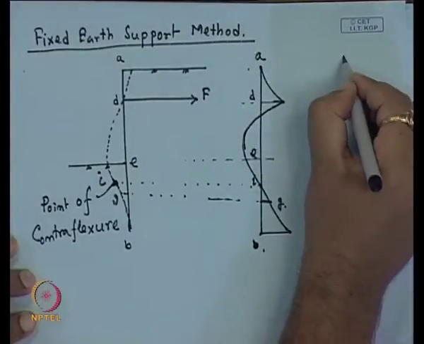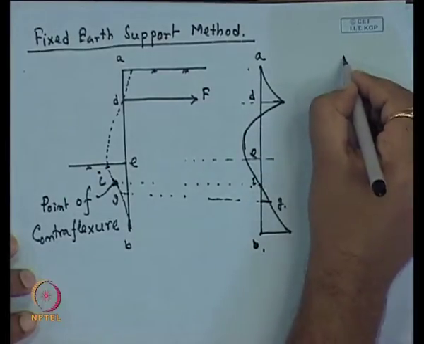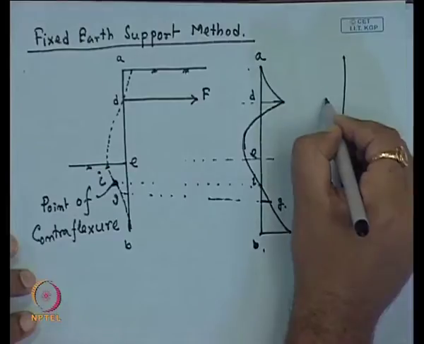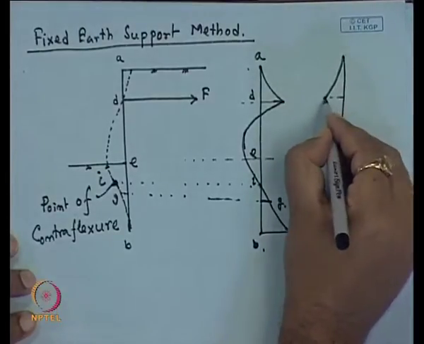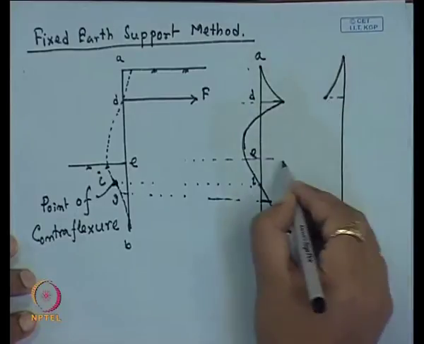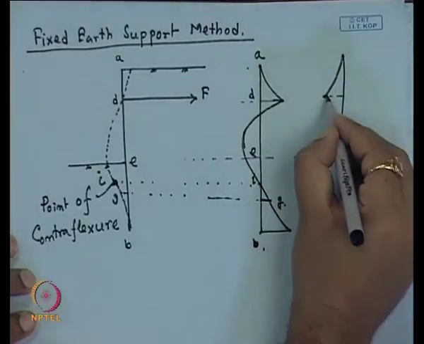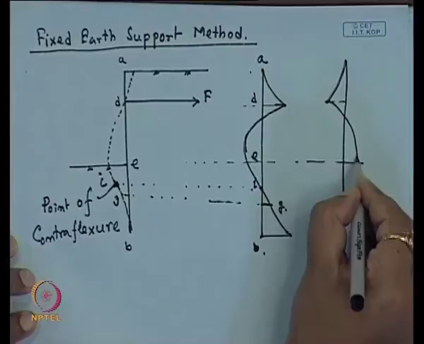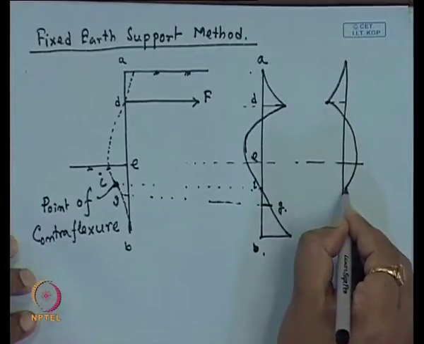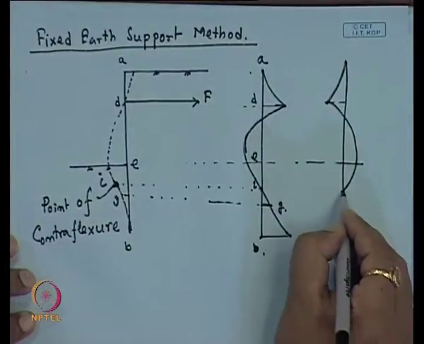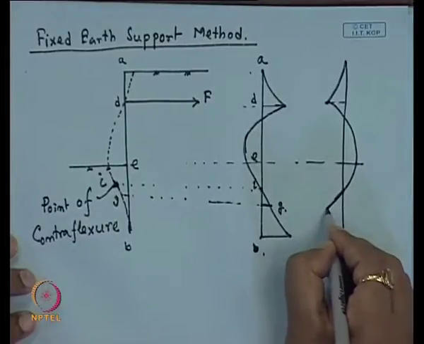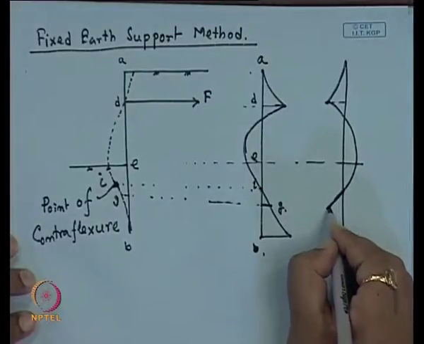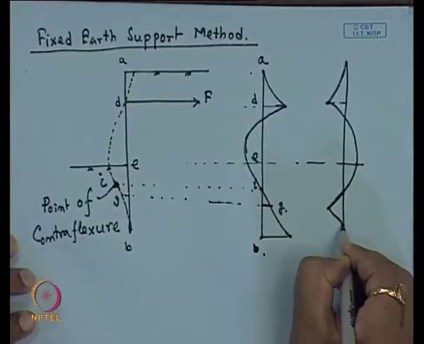That is the same, this is the friction force that you are getting in the opposite direction. If I draw this diagram, this is our anchor position, then this is the dredge level, at I this is the point of contraflexure, then you will get at G level this value, and also you will get this type of pattern.